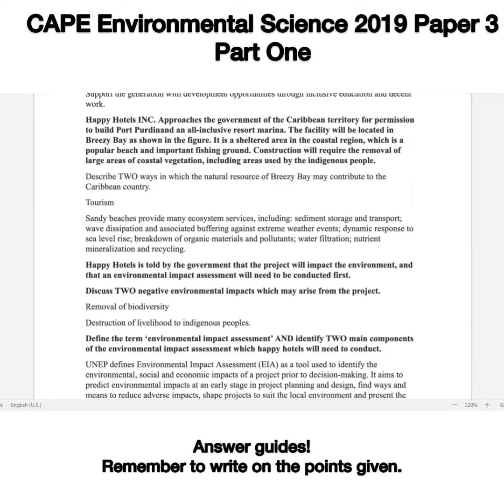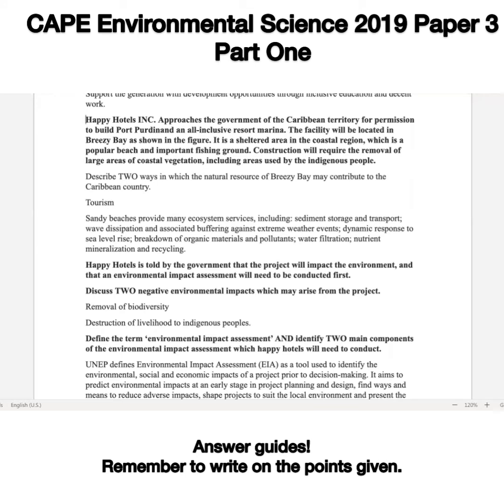Happy Hotels Incorporation approaches the government of a Caribbean territory for permission to build Port Pornindad, an all-inclusive resort marina. The facility will be located in Breezy Bay, as shown in the figure in your past paper.